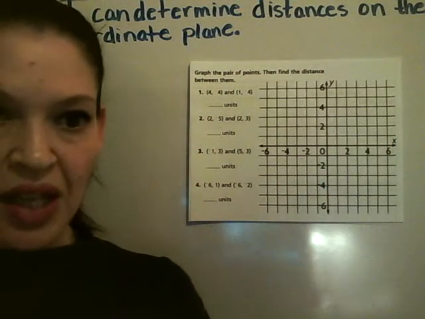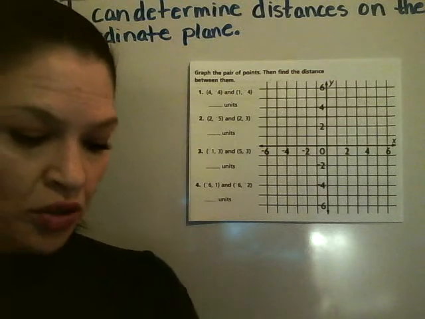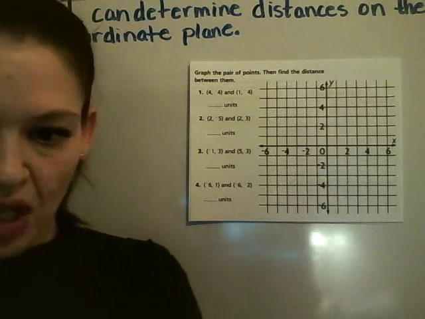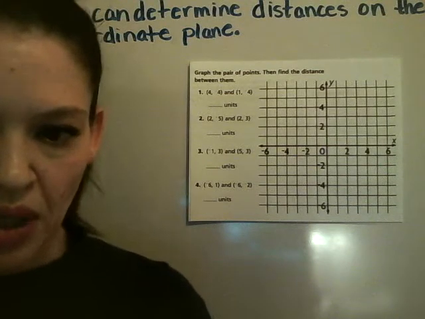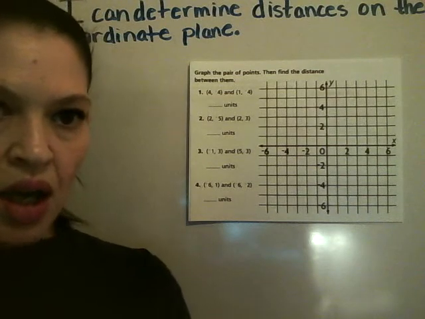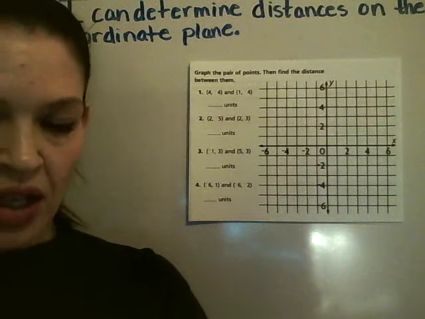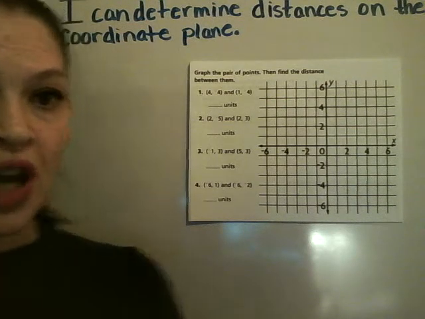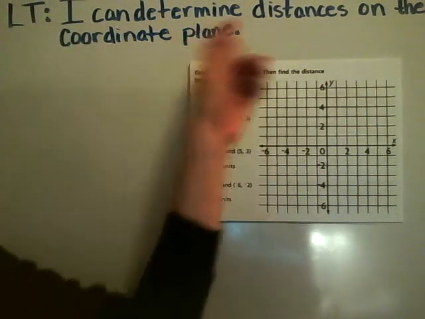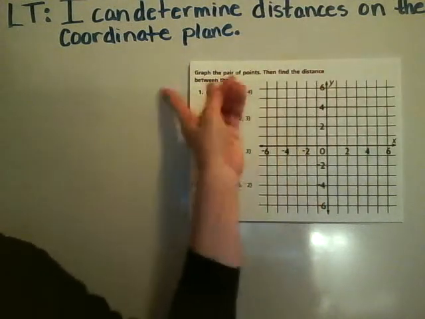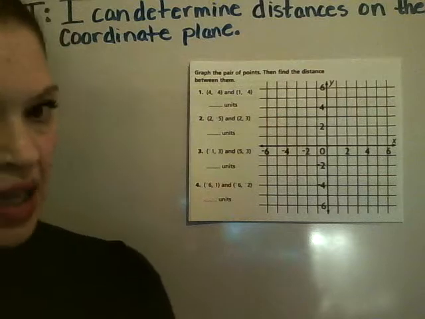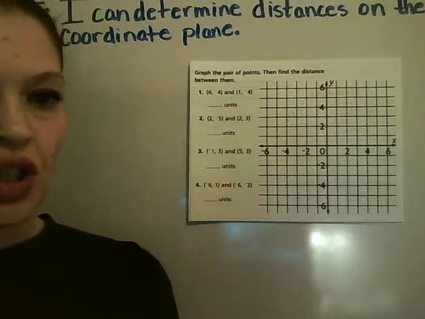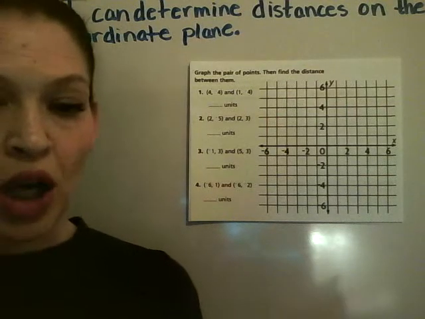So today's lesson, we're going to continue on graphing. We're going to stay on graphing today and possibly Monday, maybe Tuesday. Today's learning target is being able to find distances on the coordinate plane. So it'll be a fairly easy lesson if you understood how to plot your points.